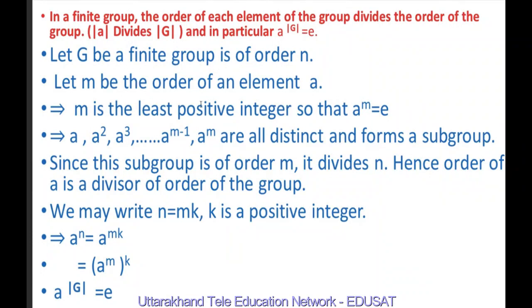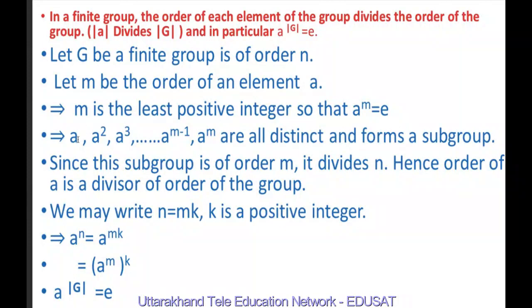Let m be the order of an element a. We know that the order of an element is the least positive integer such that a raised to the power of that integer is equal to e. So here m is the order of the element a and m is the least positive integer, therefore a raised to the power m is equal to e.